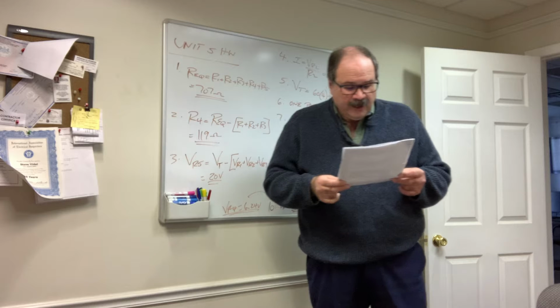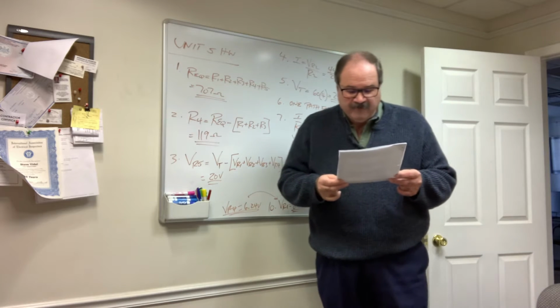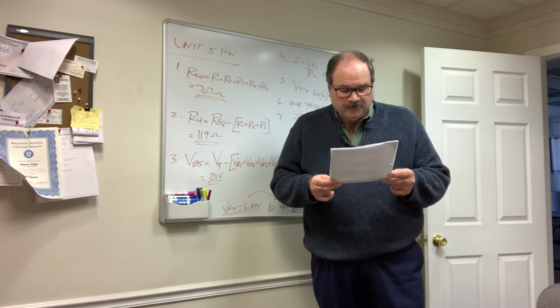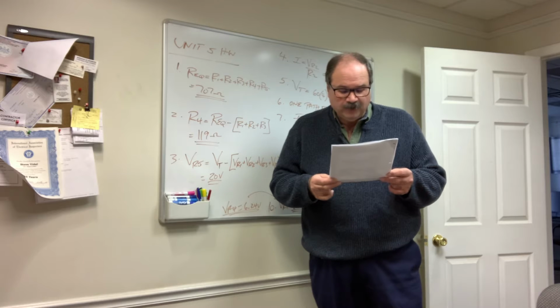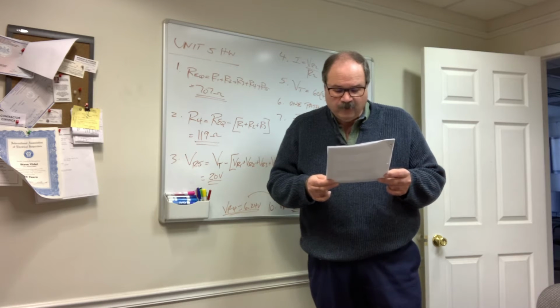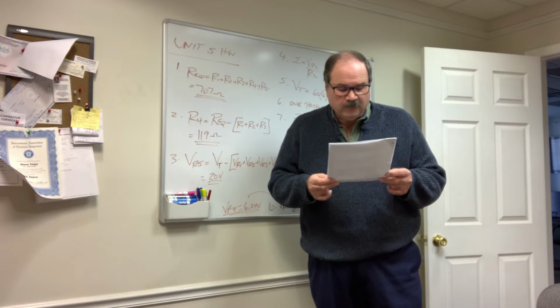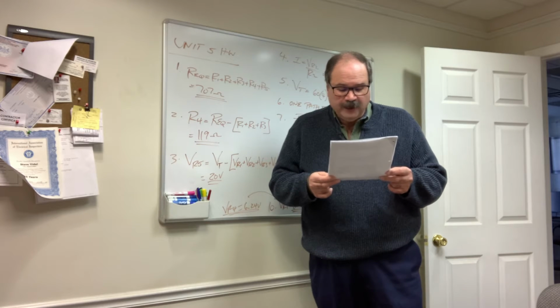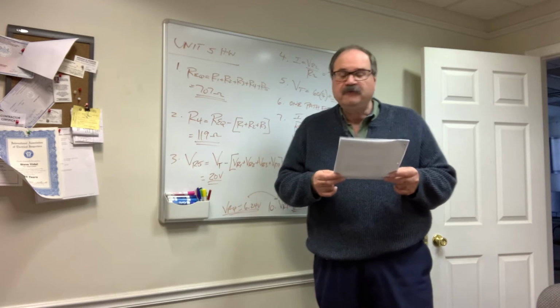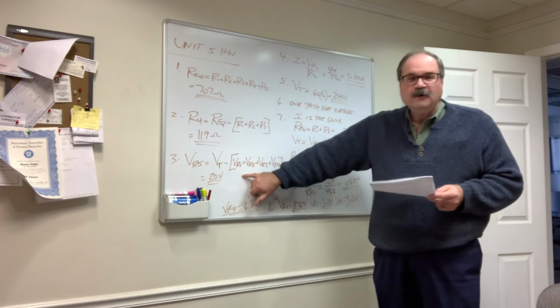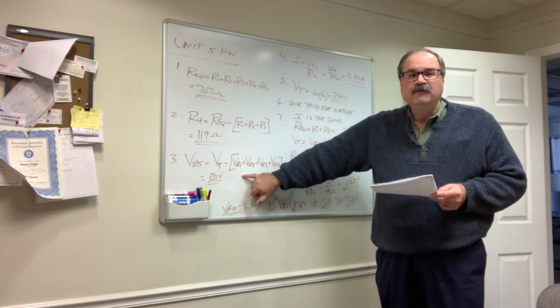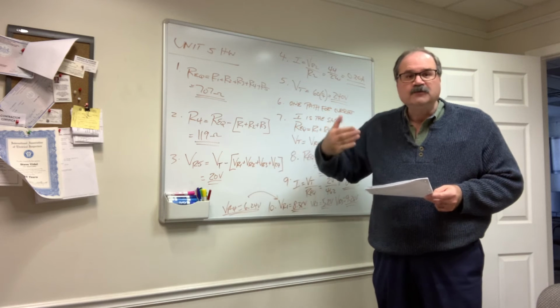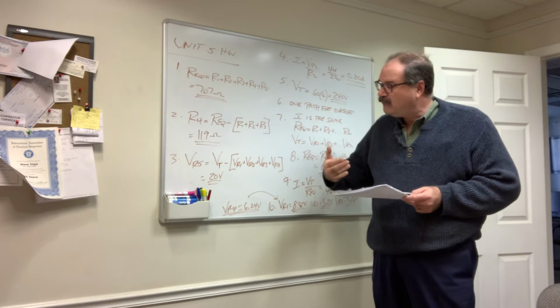Question 3. A series circuit contains 5 resistors. The total voltage applied to the circuit is 120 volts. 4 resistors have voltage drops of 35 volts, 28 volts, 22 volts, and 15 volts. What is the voltage drop of the 5th resistor? Again, in a series circuit, the sum of the voltage drops has to equal what's called the voltage rise, or the battery, or the supply voltage.